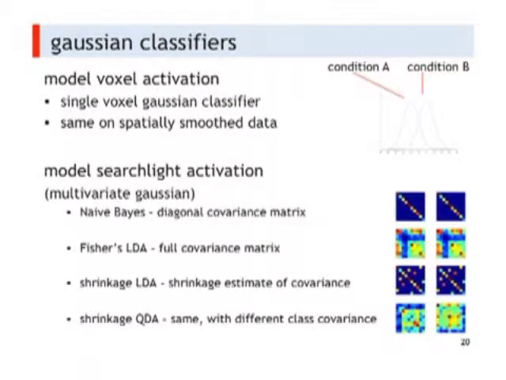If you actually want to model what's going on in a searchlight, now you're saying, instead of assuming that every voxel is a mean and some Gaussian noise on top, you are saying voxels in a searchlight covary in some way. And you can estimate their mean for tools and for buildings, and then you can also estimate what that covariance matrix would be.